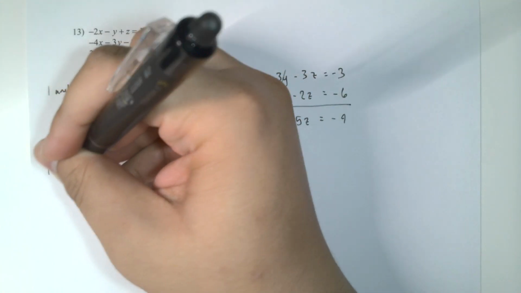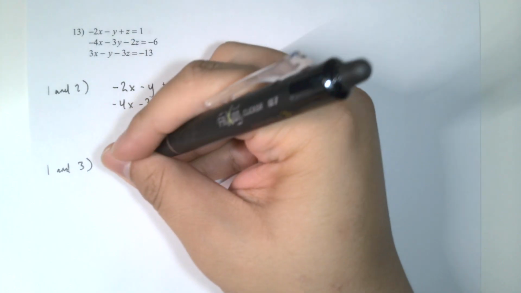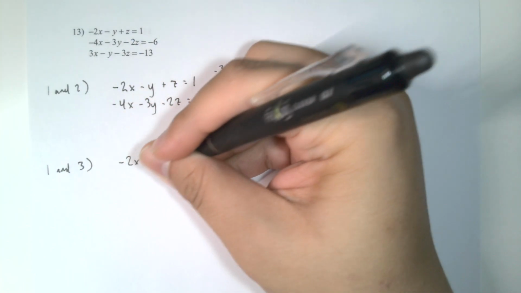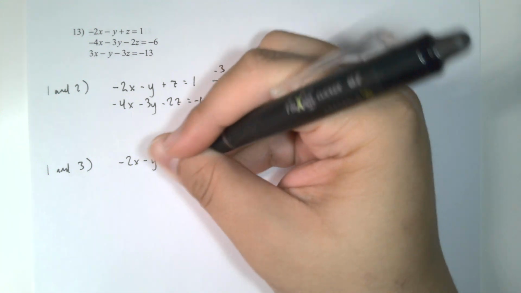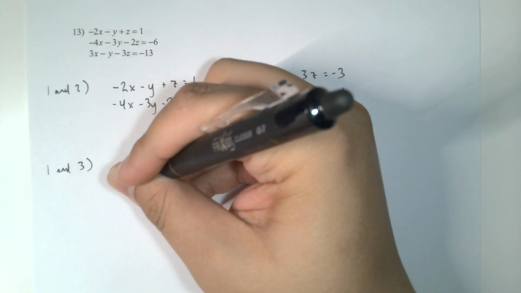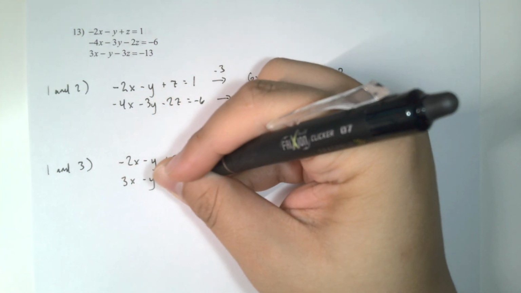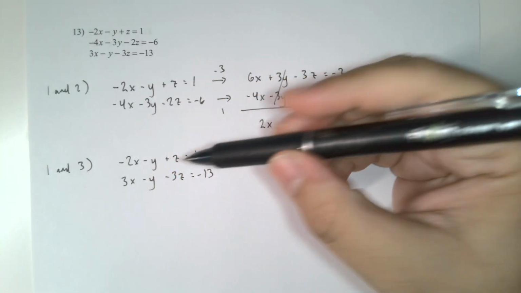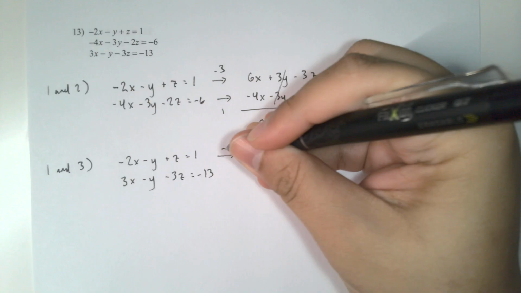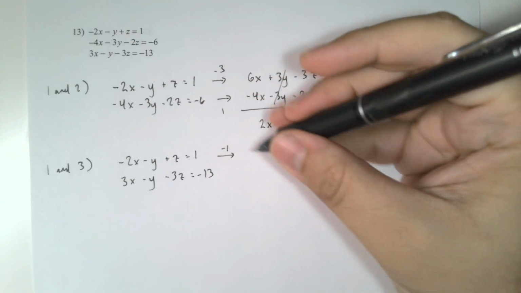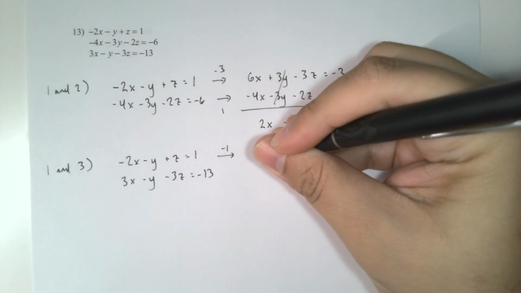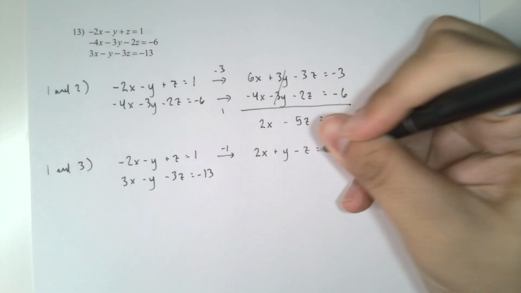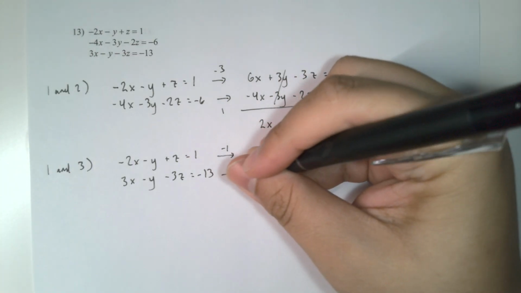So using 1 and 3, let's see, I'll just write out the full equations again one more time, so we see how we're changing the equations to make them eliminate. If I multiply the top one by -1, you can do the other one too, that's going to give us 2x plus y minus z is equal to -1.